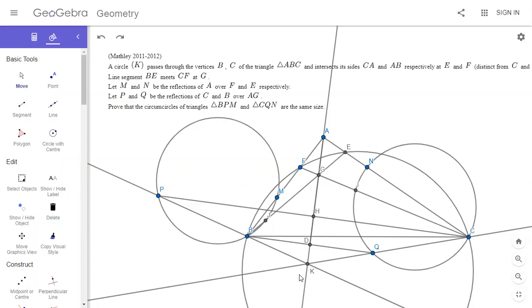Okay, I'm just thinking through. Now, once we know that all those points lie on the radical axis, since it's halfway between the circles, then we're saying they have to have the same size.